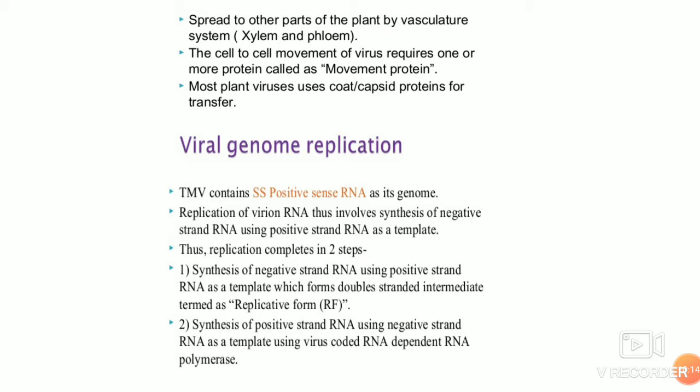Spread to other parts of the plant is through the xylem and phloem, that is the systemic vasculature. The cell to cell movement of the virus requires one or more proteins called movement protein and other host proteins. Most of the viruses use capsid proteins for transfer.